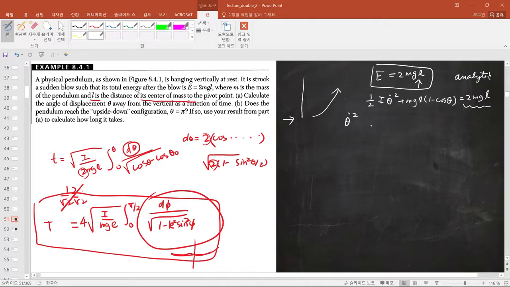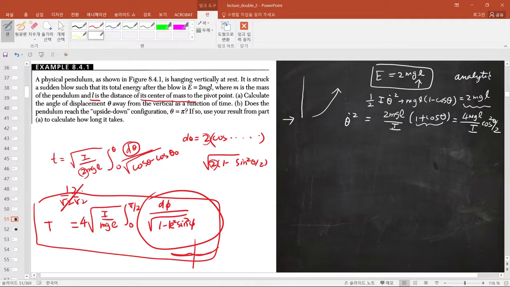So you have theta dot squared equal to 2 mgl over I, and if you put this in here, mgl cancels, so you have 1 plus cosine theta, which is equal to 4 mgl over I, and this is 2 cosine squared theta over 2, so it's cosine squared theta over 2.